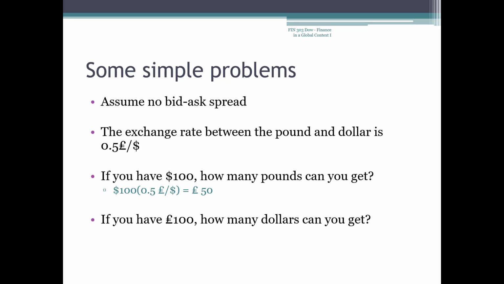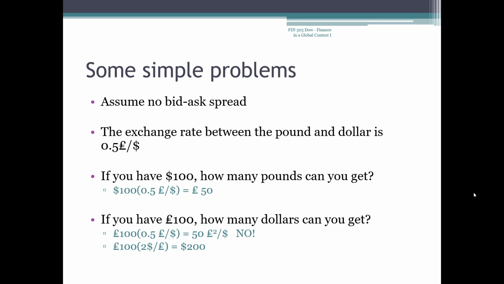If you have 100 pounds, how many dollars can you get? If you tried to multiply 100 pounds by the pound-dollar exchange rate, you'd get pounds squared divided by dollars. Multiply the currency symbols and see. And that doesn't make any sense. You need to multiply 100 pounds by $2 per pound, and we get $200.